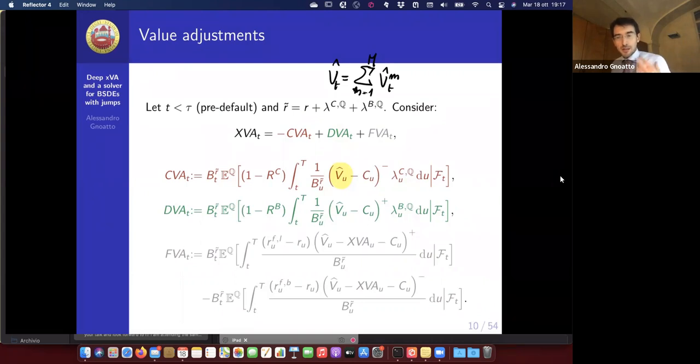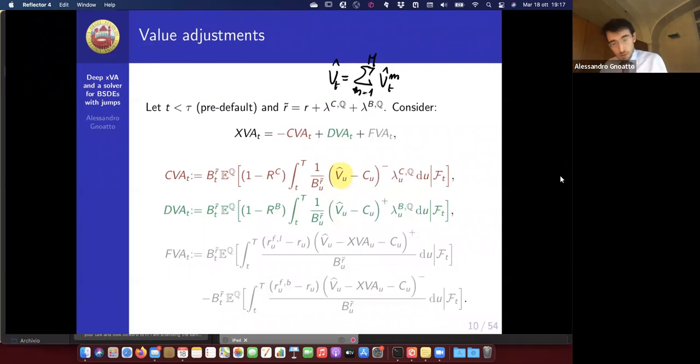And remember that the different V hat could depend on different risk factors, because you could have some options on foreign exchange rates and some interest rate products. Because between the bank and the counterparty, we could have a plethora of instruments written on different underlyings.